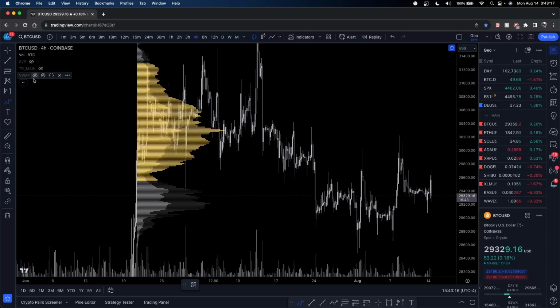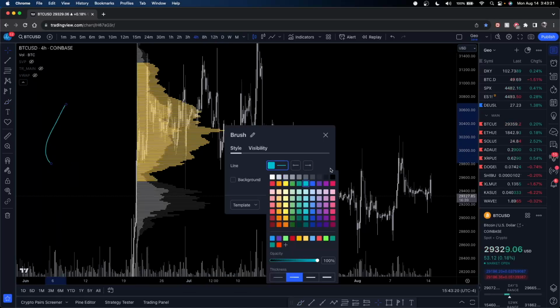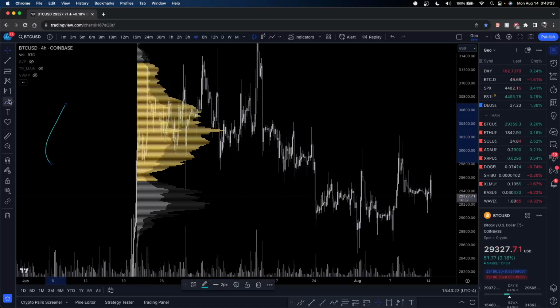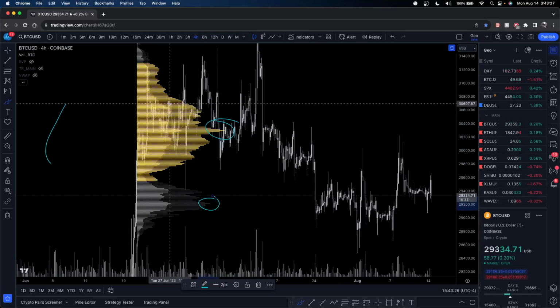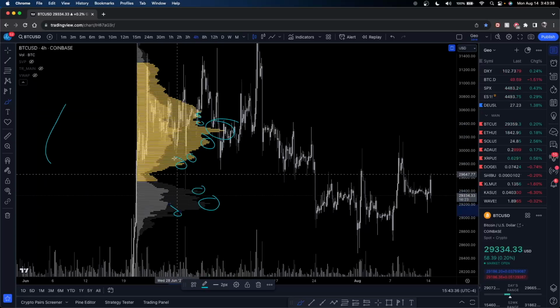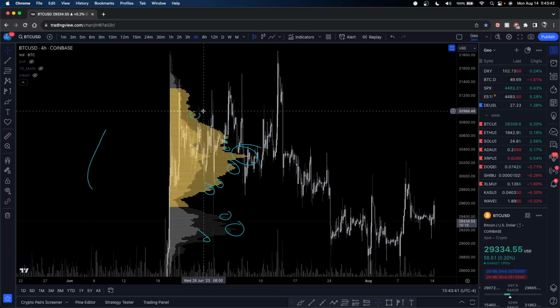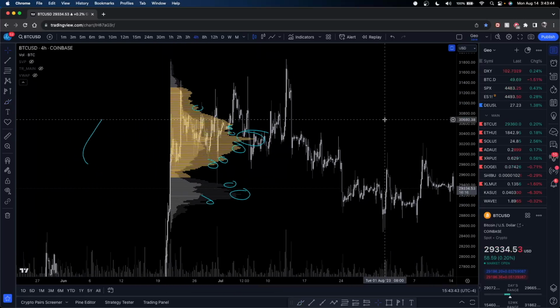Sorry, let me change the color. So these are called high volume nodes, all of these peaks. All of these little peaks are considered high volume nodes. Here we didn't really have too many up here because we haven't been trading there, but these are considered high volume nodes.